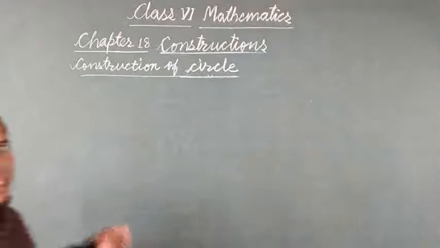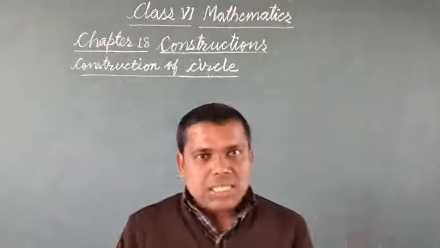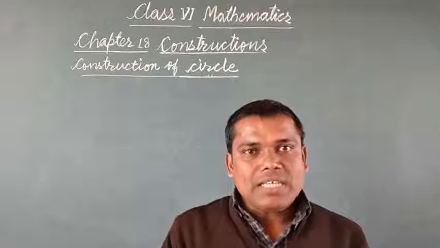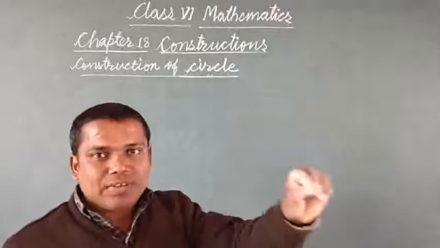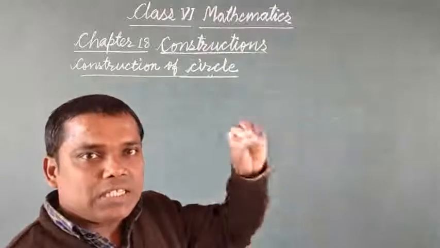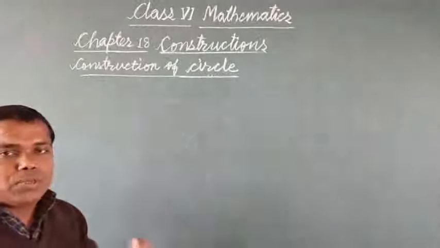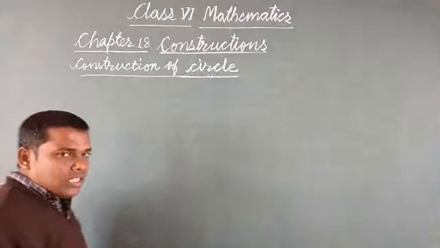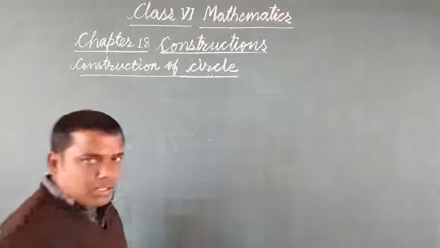Now the next topic is construction of circle. To construct a circle, we need radius. So whenever it is asked to construct a circle, it must be given the radius 2 cm, 3 cm, 4 cm and so on. Suppose we have to construct a circle of radius 3 cm, then first of all we will take a point on the notebook.